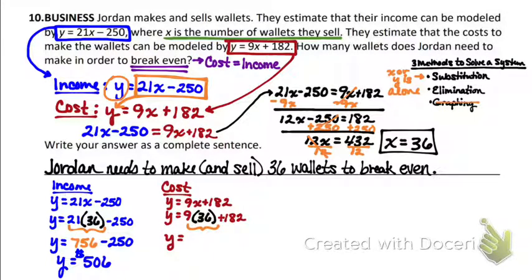How much? 324 plus 182? 506. We got the same thing for the cost and the income. Did he break even? Mm-hmm. Those are the same.